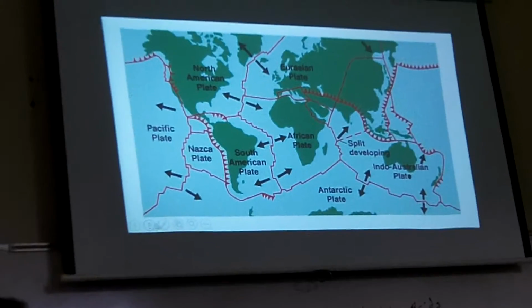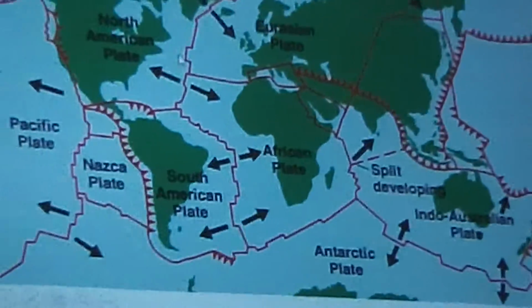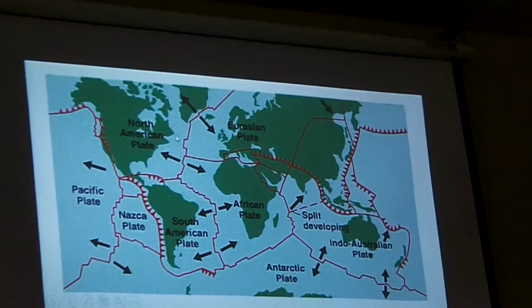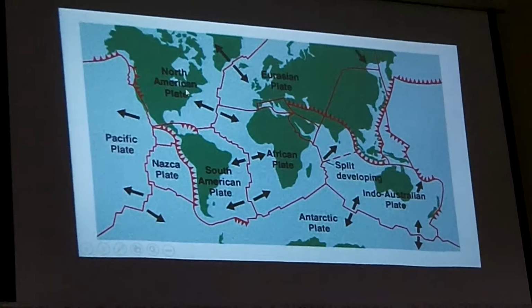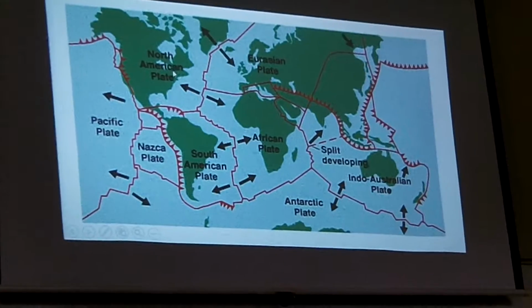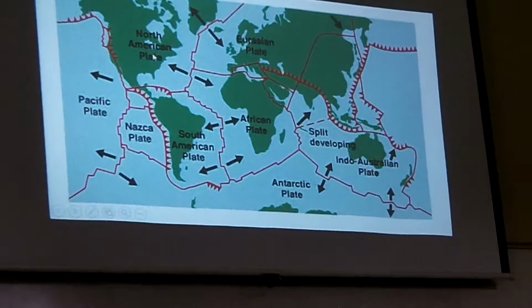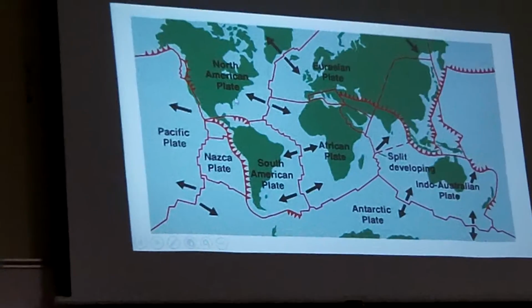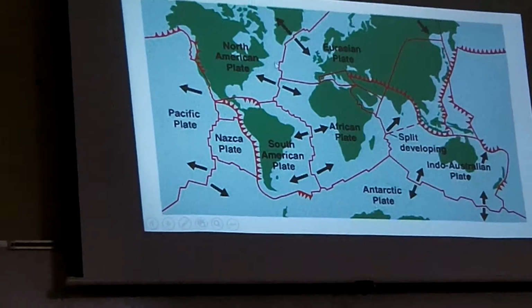Here's what we know now, that the continents sit on plates. And here are some of the plates. We are on the North American plate. And I want to show you something that's important that a lot of people don't get. On our North American plate is both land and ocean.